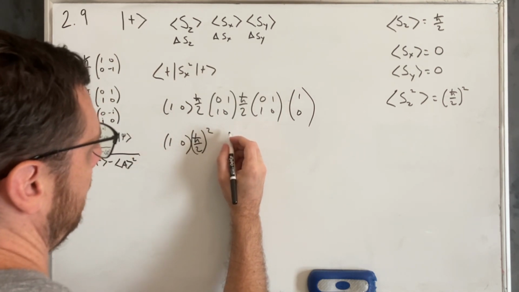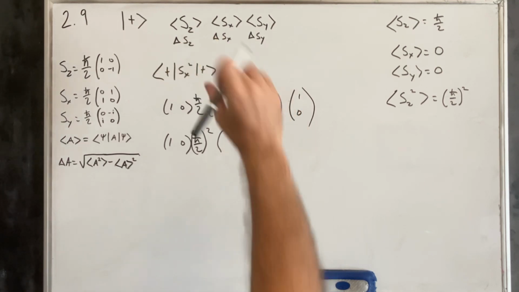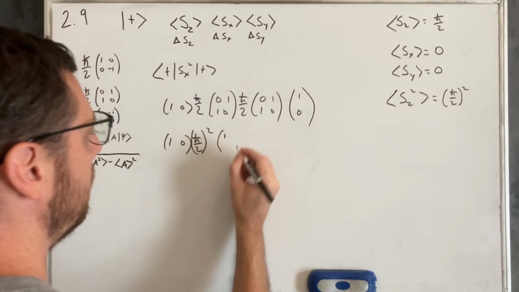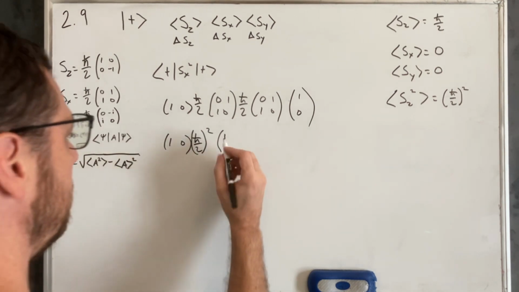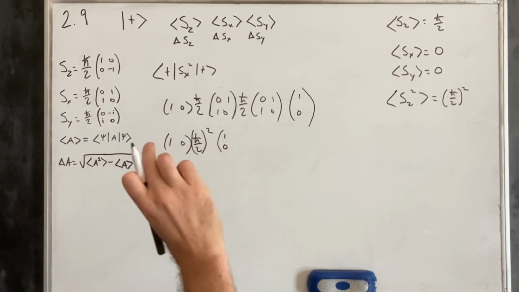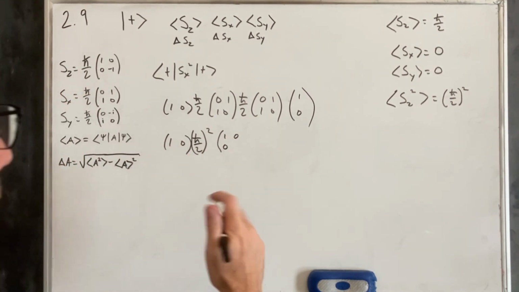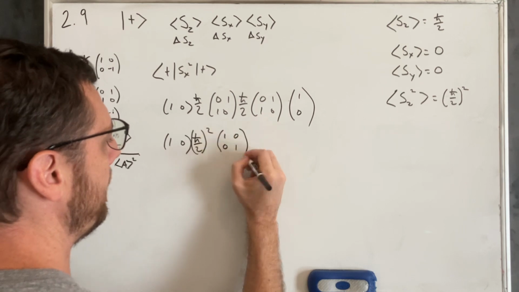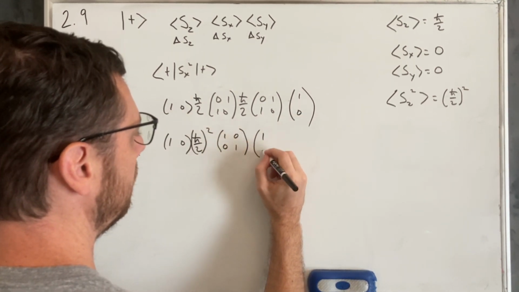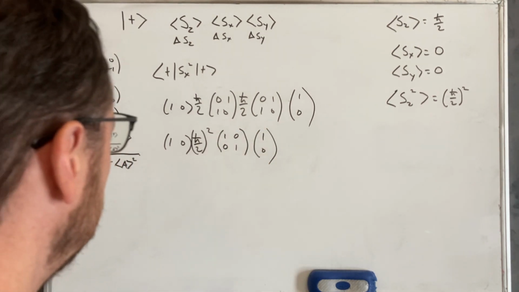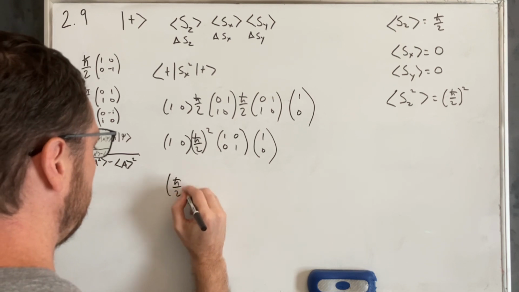So we're going to have 0 plus 1 is 1, 0 plus 0 is 0, 0 plus 0 is 0, and 1 plus 0 is 1. Okay? And then we'll keep this here, [1, 0]. All right, then we can go ahead and pull out this h bar over 2 squared.